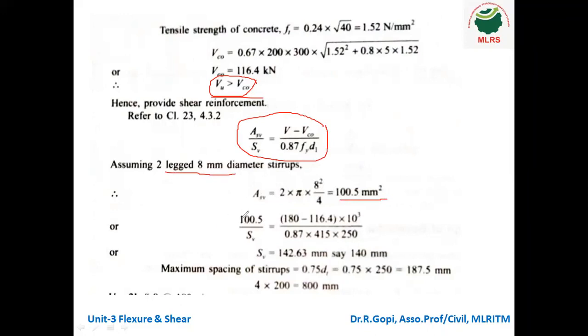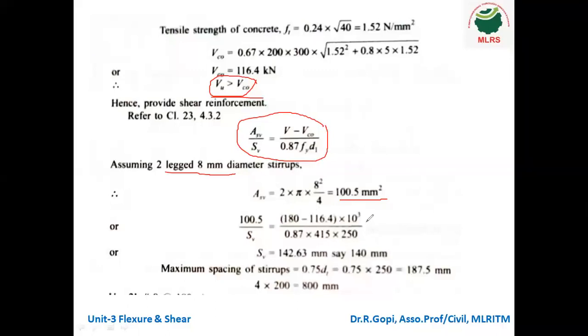So substitute the value. 100.5 divided by Sv is equal to what is Vu minus Vc0? Vu value is given in the question, that means ultimate shear acting on the beam. It is 180 minus Vc0, which is 116.4.